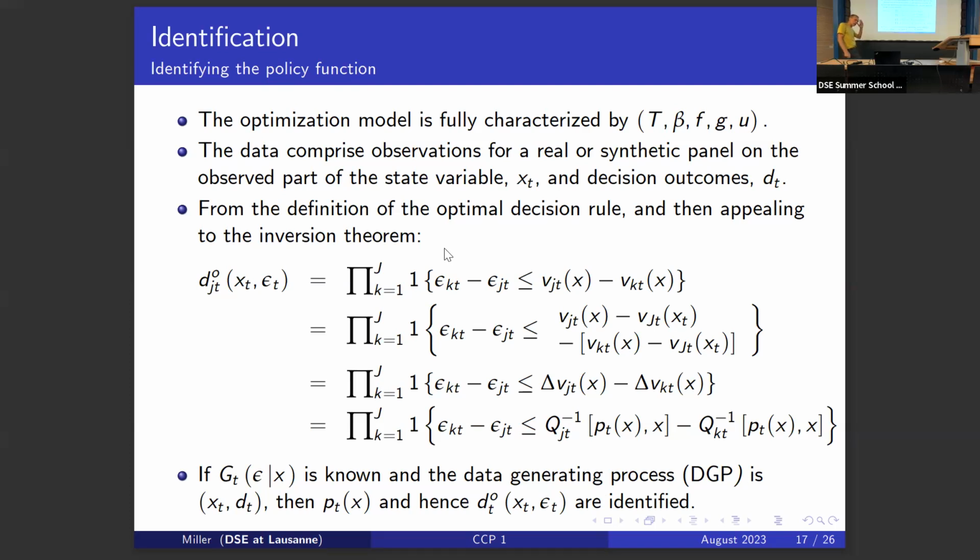So it's actually important to distinguish between what I'm going to call a policy function, which is this optimal decision rule, versus the conditional choice probabilities, which integrate out the epsilons given that people are behaving optimally. And the reason I emphasize that now is because I've seen papers in econometrics that don't get that.